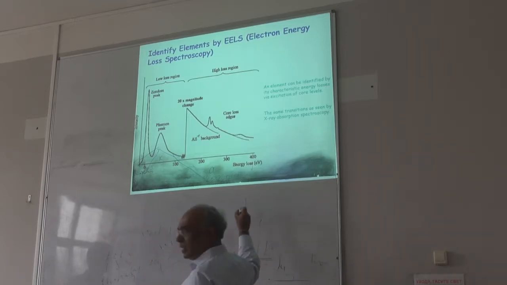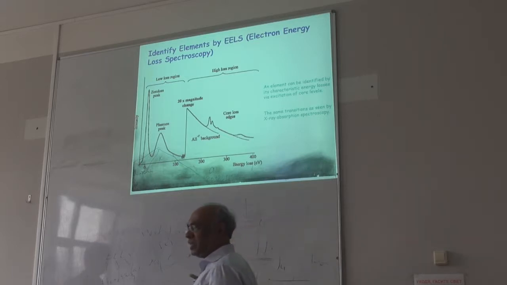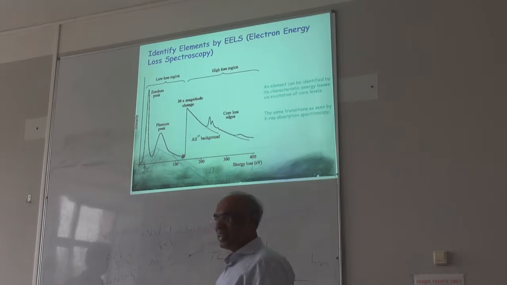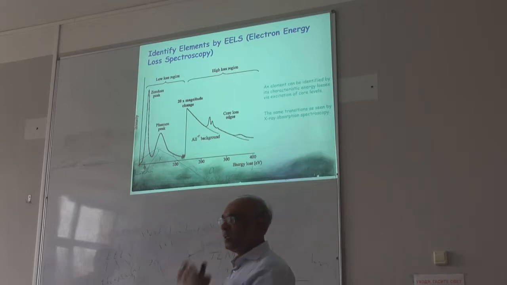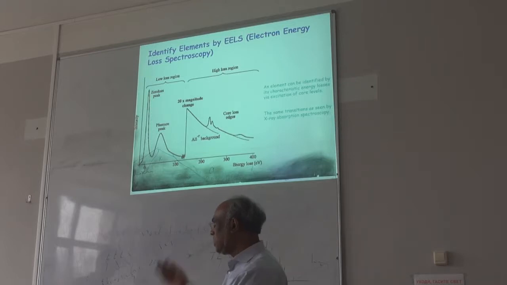electrons coming here, when they pass through the specimen, they interact with atoms, right? So then we know the sample has a lot of vibrational modes. It can have some plasmons and some other transitions.